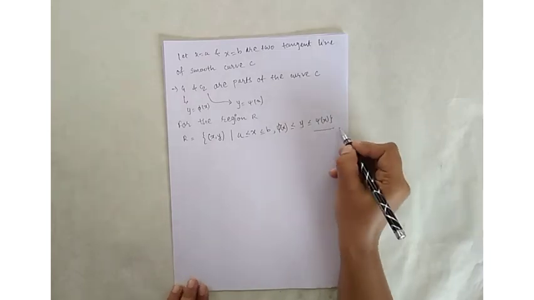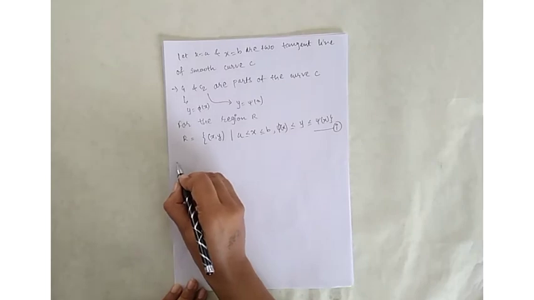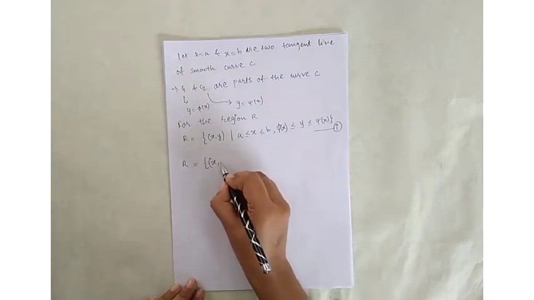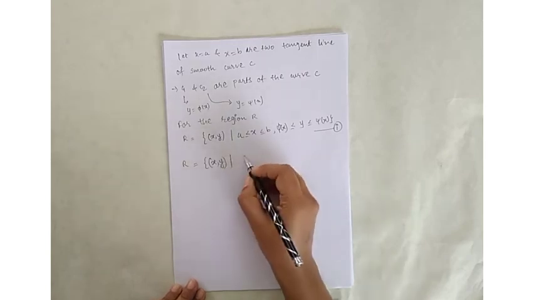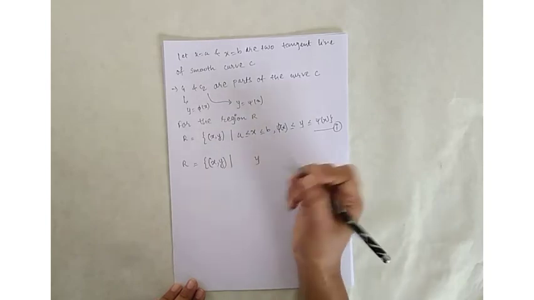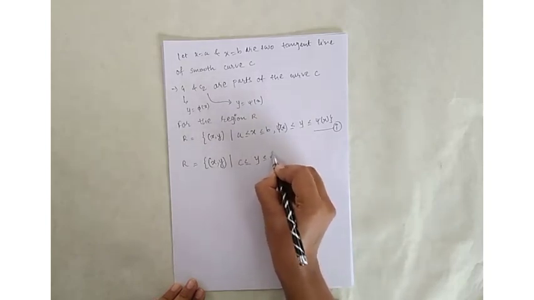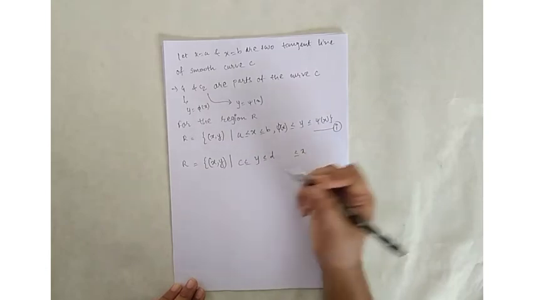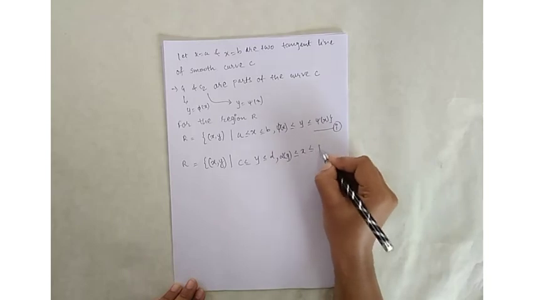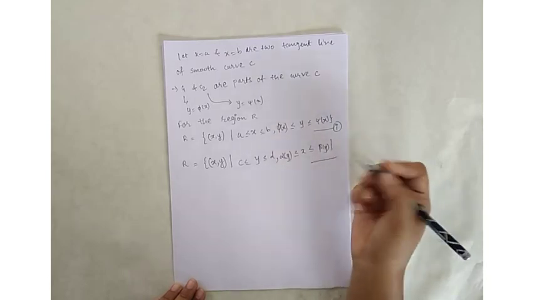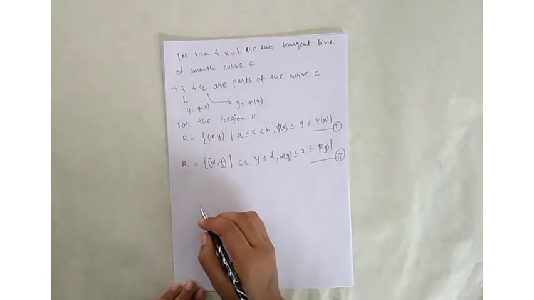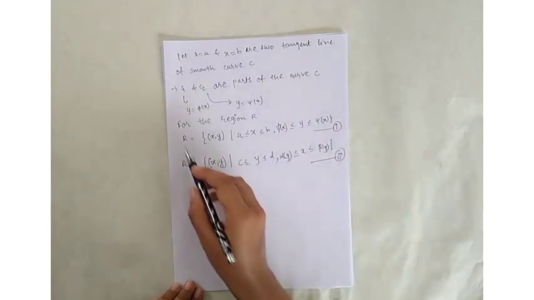Call this equation 1. Another description of region R is all ordered pairs (x, y) such that y is between c and d and x is between some function alpha of y and beta of y. I call this equation number 2. Now let us prove the theorem for these two regions.